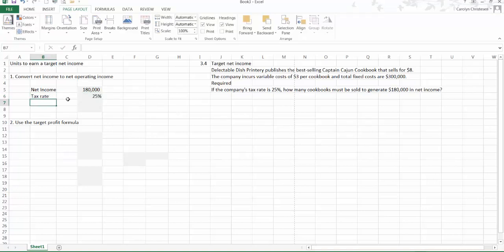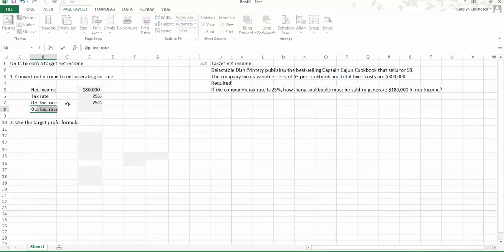So that means that our operating income rate is the difference between 25% and 100%, so that's 75%. In order to find out how much operating income we need in order to earn $180,000 in net income, we're going to have to divide.